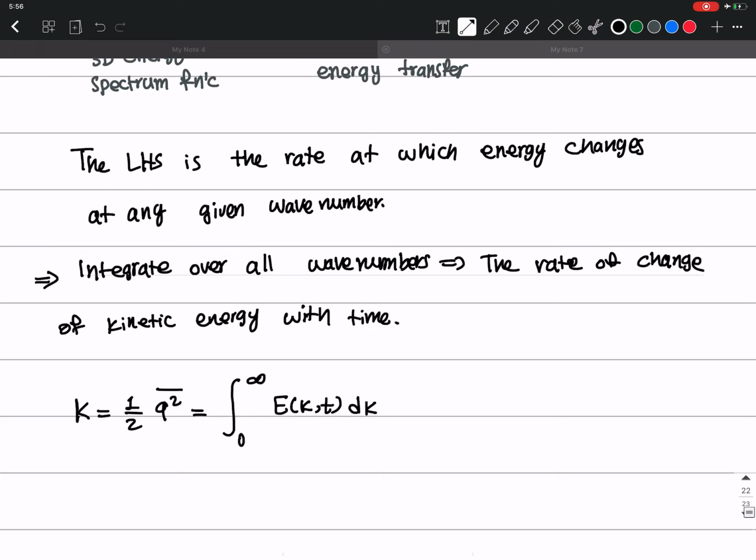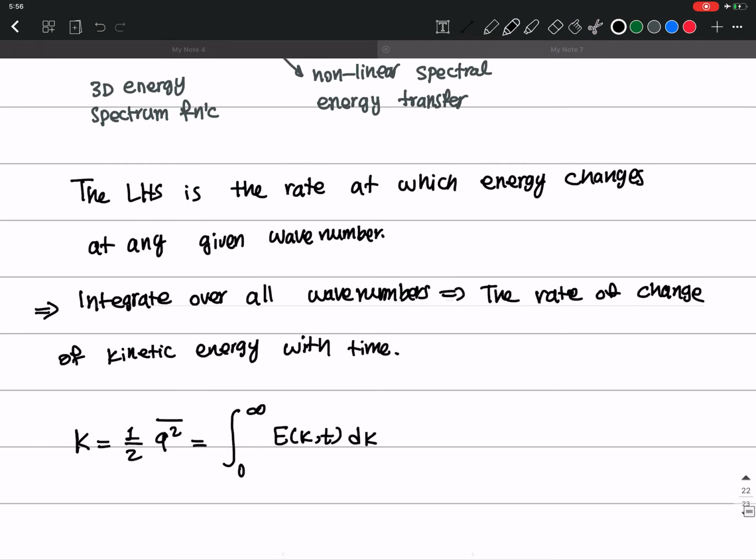This 3D energy spectrum function shows the contribution of each wave number to the turbulent kinetic energy in the system, and if you integrate over all wave numbers, you get the turbulent kinetic energy.